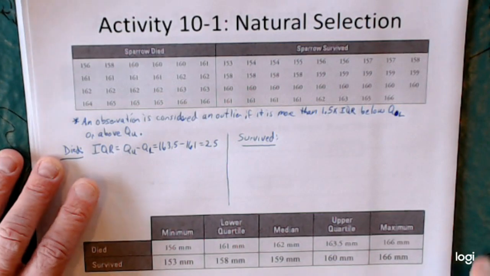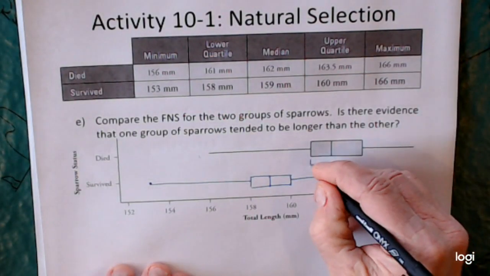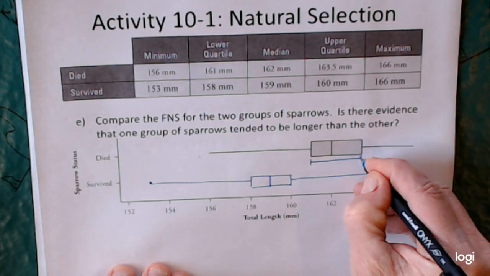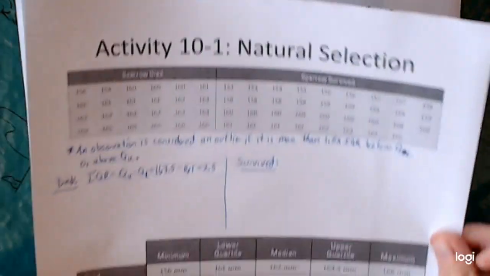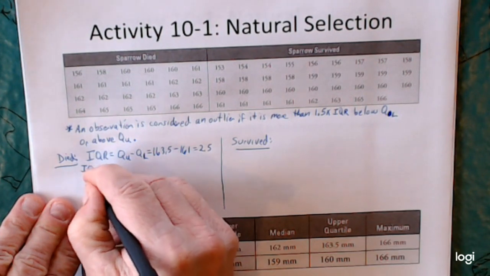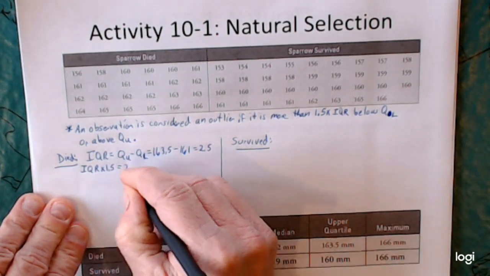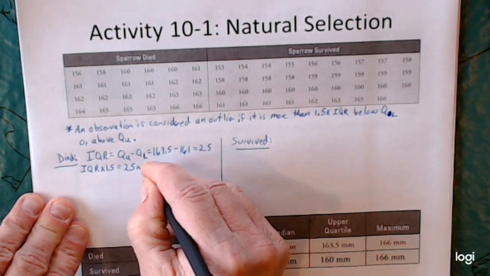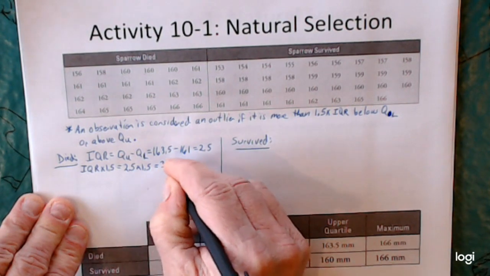That's our interquartile range. In terms of our picture, that's 2.5 millimeters wide. Now we're going to stretch it. So we do the IQR times 1.5, that's 2.5 times 1.5, which gives me 3.75.